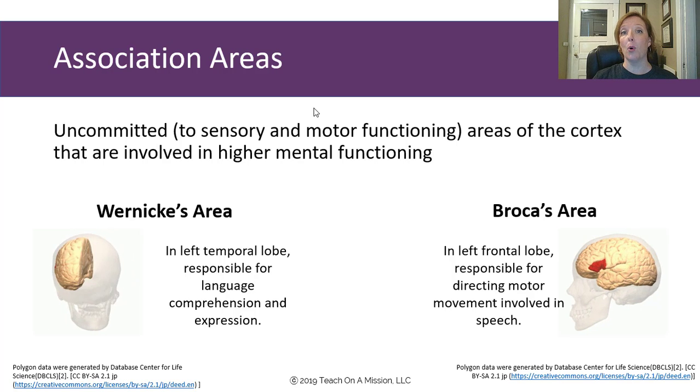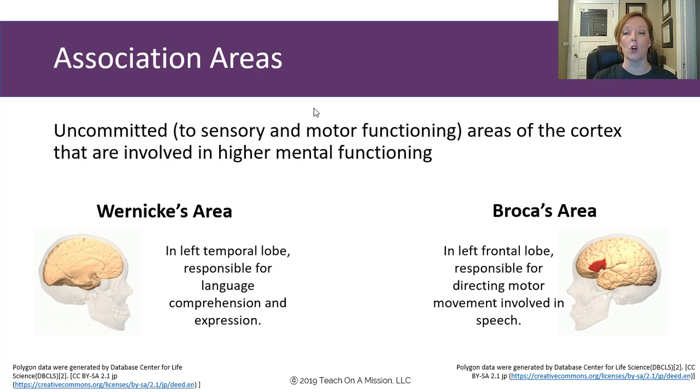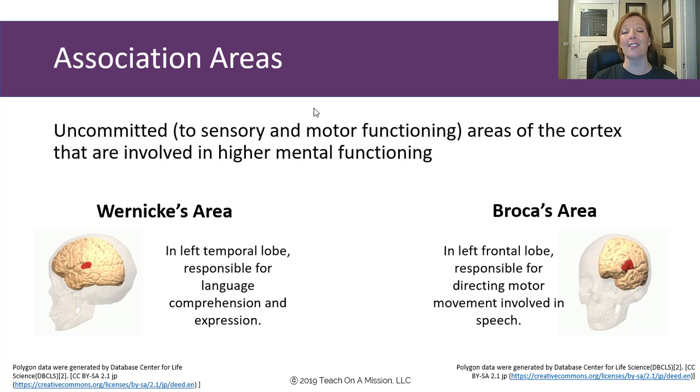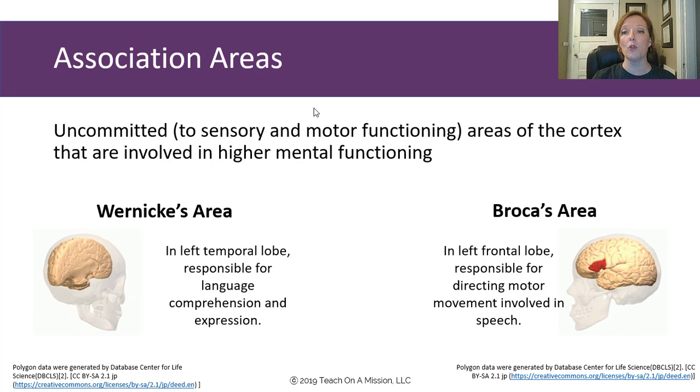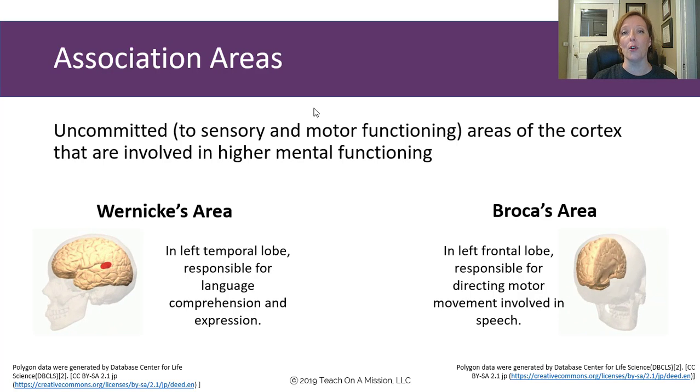The other very important association area that we need to know is Broca's area. This is in the left frontal lobe, and it's responsible for directing motor movement involved in speech. So it's motor movement, which makes sense because it is in the frontal lobe, and we know that the frontal lobe also has some responsibility with motor movement.